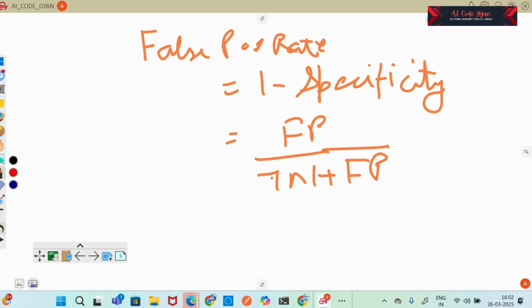So we now have two terms, true positive rate and false positive rate, which are reverse of each other.